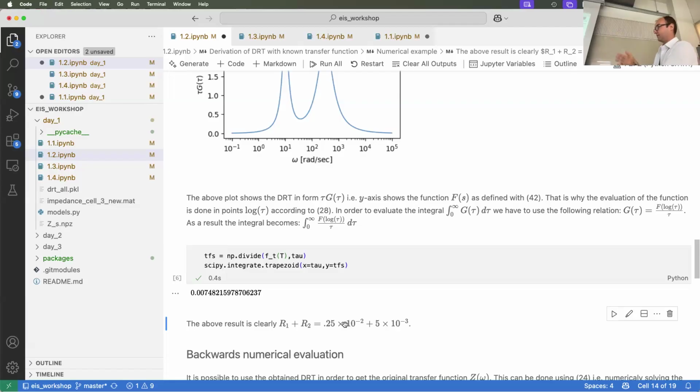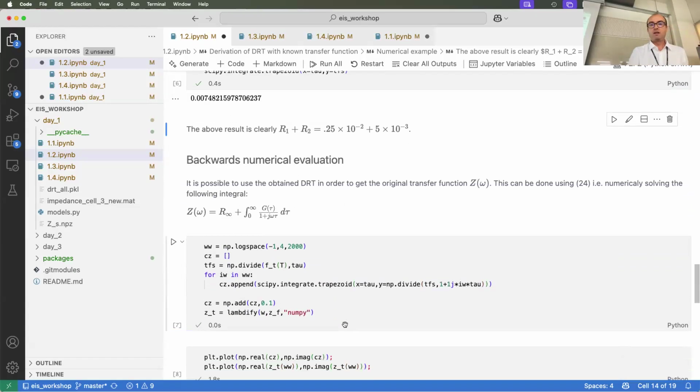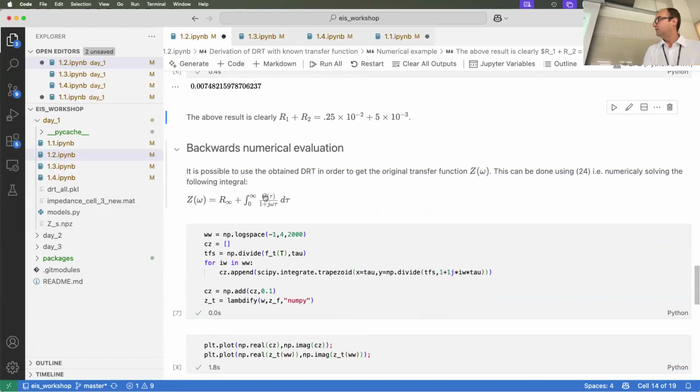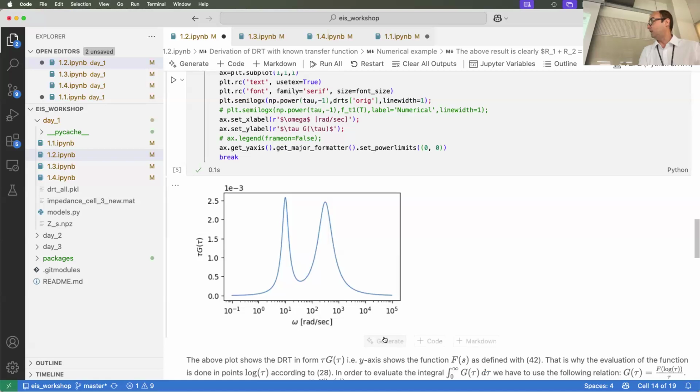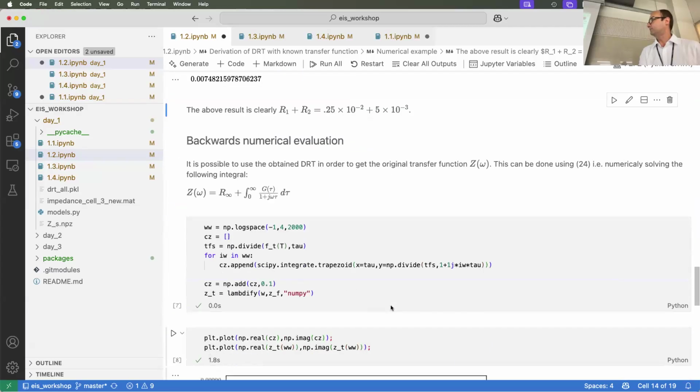So I can do this. Can I go all the way back to my impedance? I can. So I will take this G and I will integrate it. I cannot go from 0 to infinity because I have only from 10 to the minus 1 to 10 to the 5. And I can assume that outside of this region, this value is 0. So I can just cut the integration out.